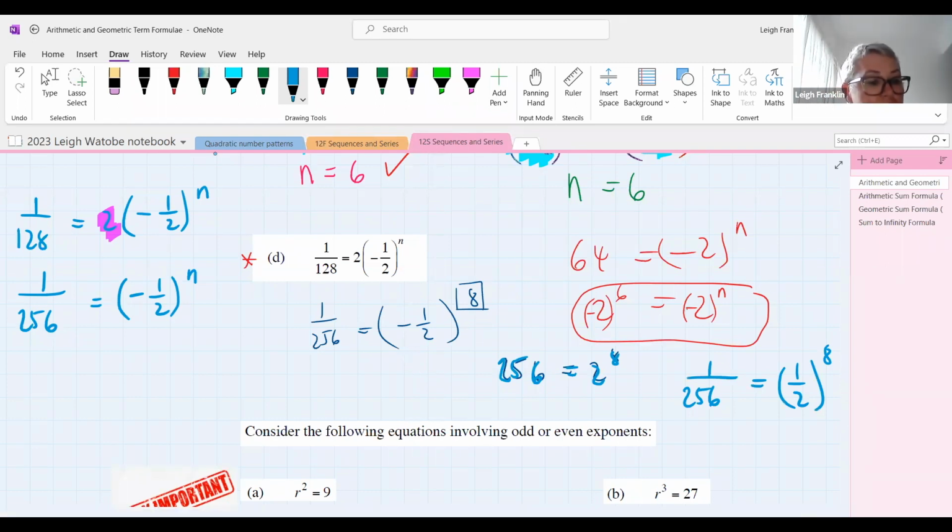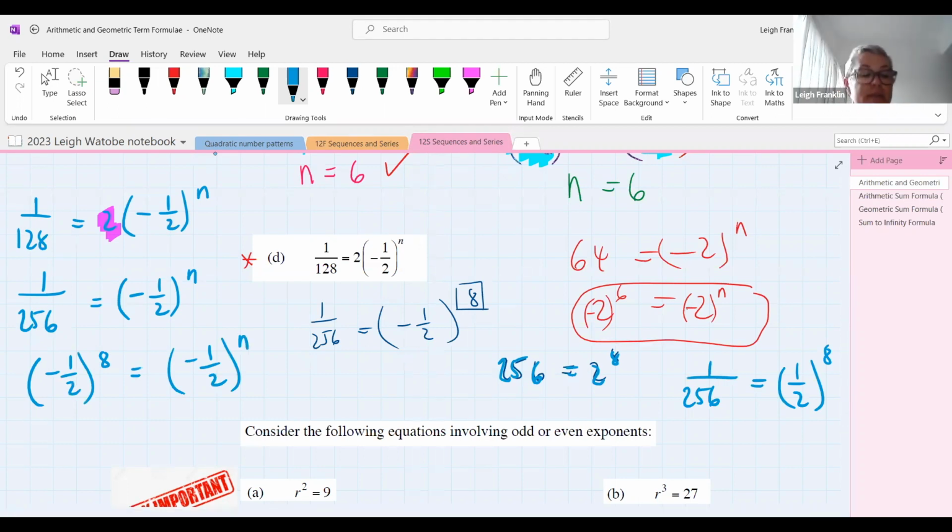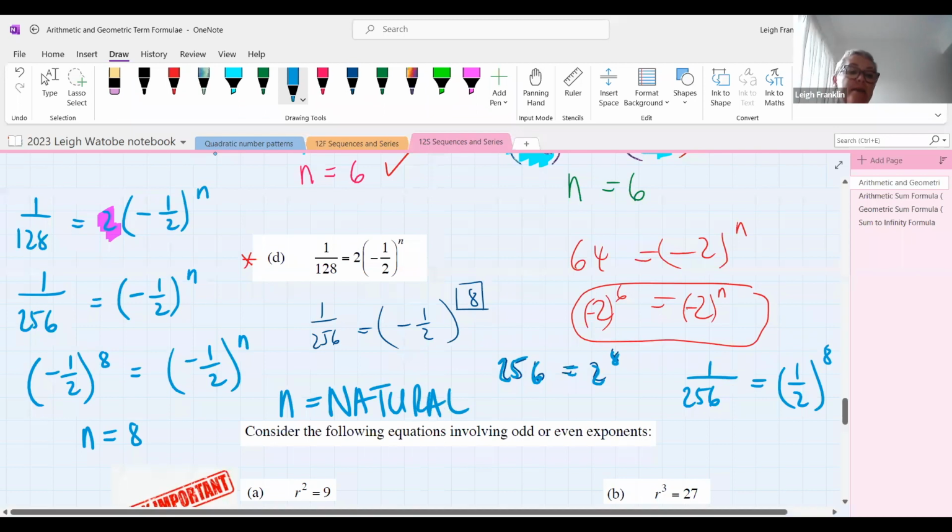Making our bases the same, minus 1 over 2 to the power of 8 is equal to minus 1 over 2 to the n. The bases have to be the same, and therefore n is equal to 8. Remember, n has to be natural. It has to be a counting number.